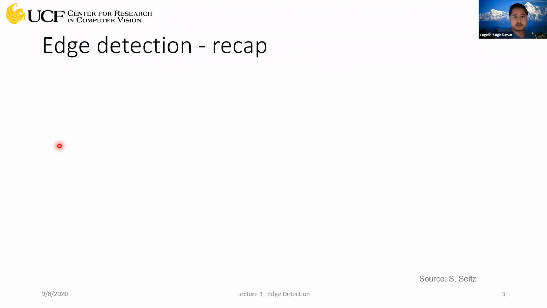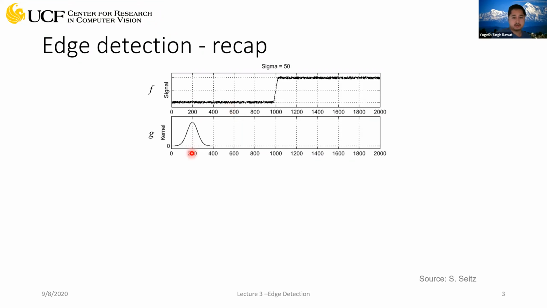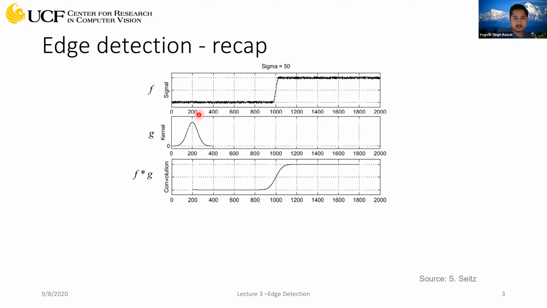So let's do a quick recap, because I think it has been more than 5 days. Last lecture we discussed that if we have a signal f and there is some noise present in that signal, then to detect edges, first we use a filter, for example a Gaussian filter, and convolve the two.